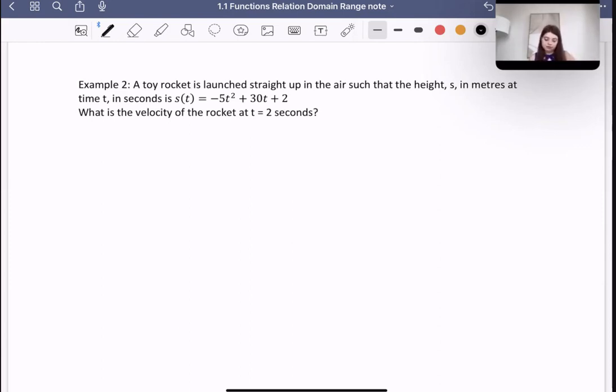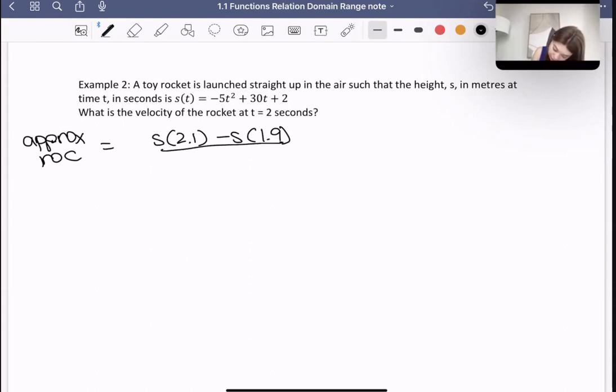Well, to do that, we need to find the instantaneous velocity at 2 seconds. So the approximate rate of change to the nearest tenth is going to be s of 2.1 minus s of 1.9 over 2.1 minus 1.9.